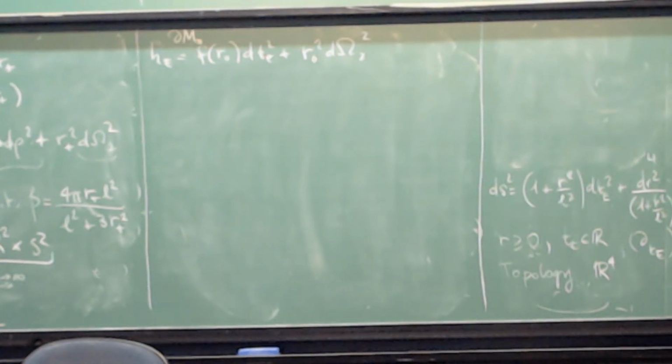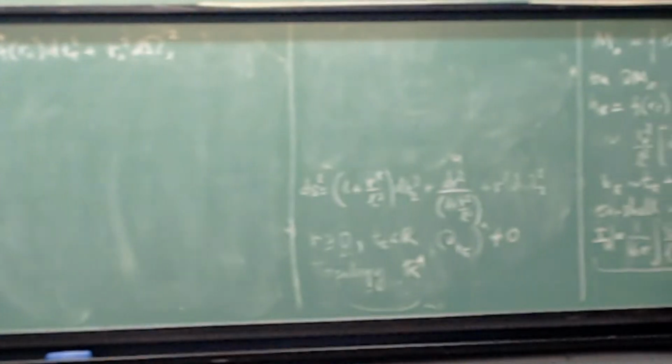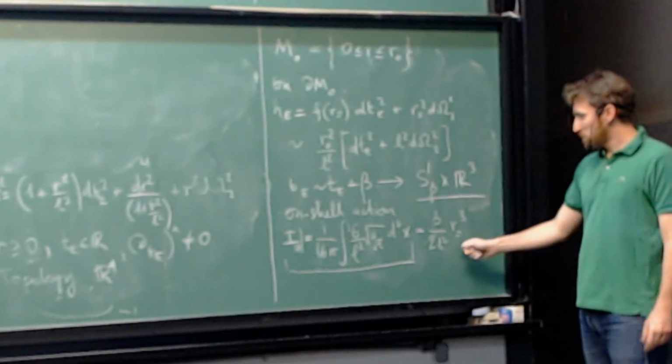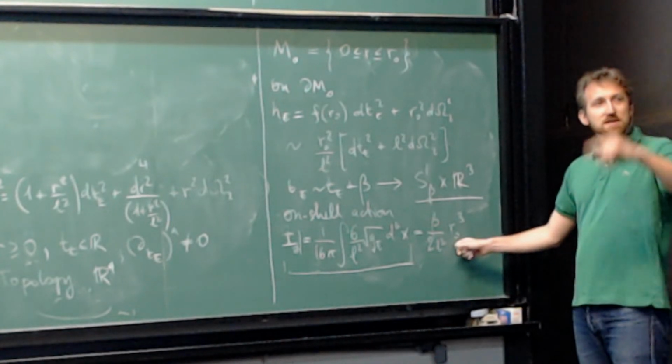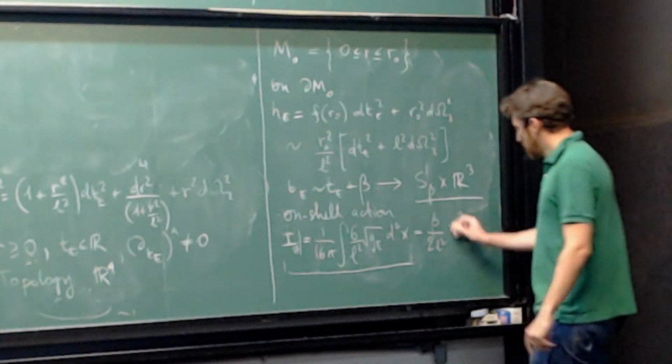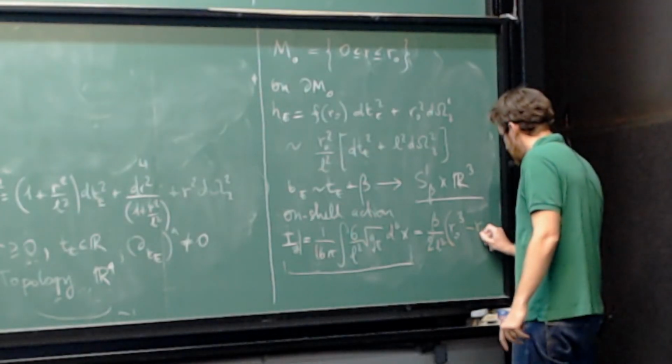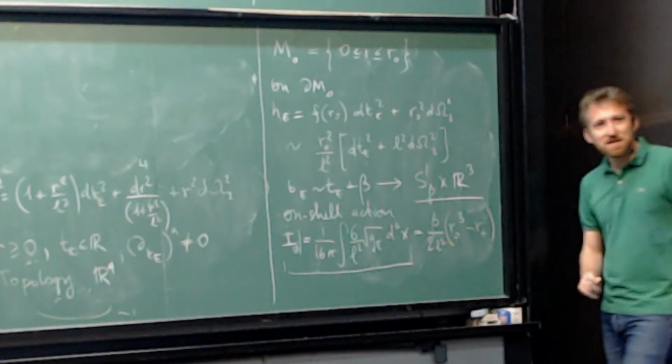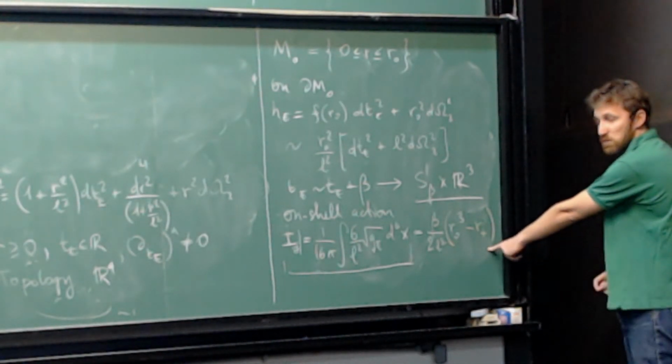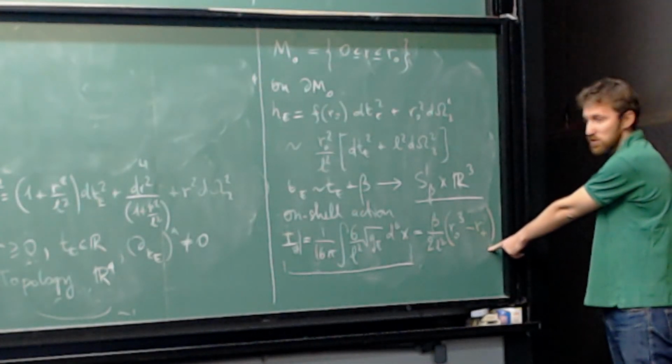The difference from before is that r doesn't extend from 0 to r naught, but it only goes from r plus. So I have a finite contribution from the bulk term.